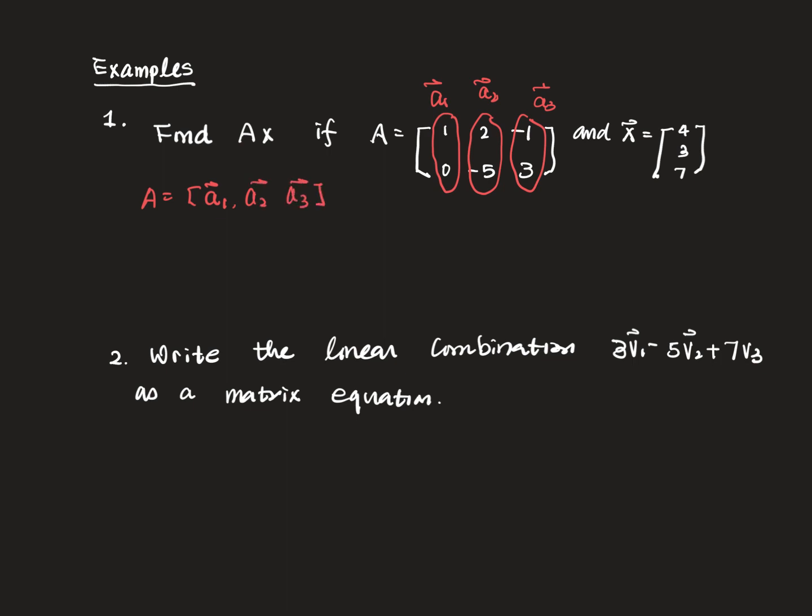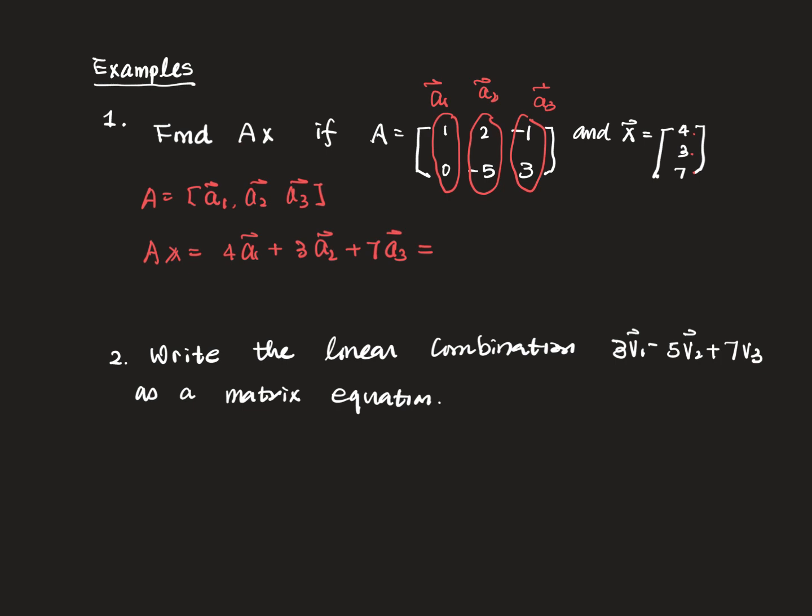How about x? It's 4, 3, 7, three rows and one column. So how do we find A times x? It's 4 times a1, 3 times a2, 7 times a3.